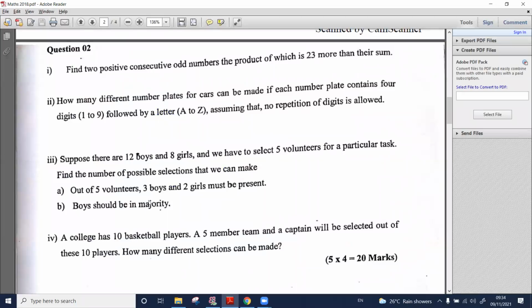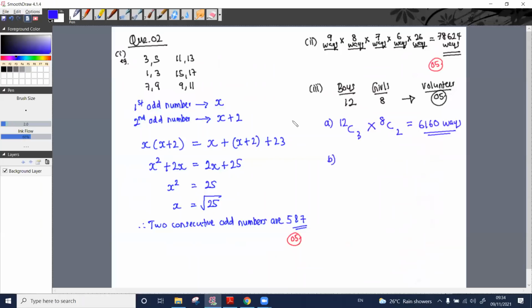Part B. Boys should be the majority. Out of these 5, the majority must be boys. Then we have several options. What is option number 1?